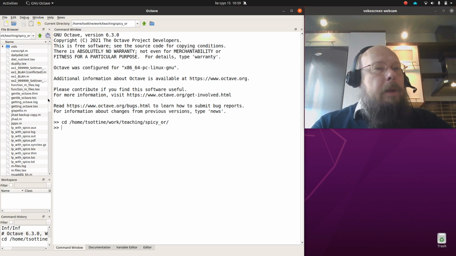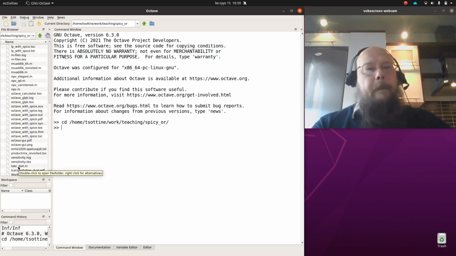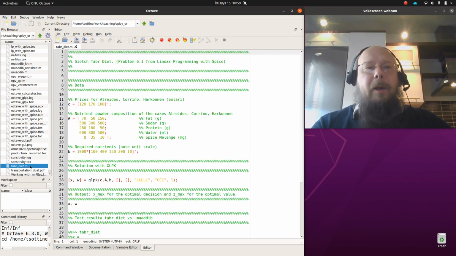I should have it somewhere. Oh, it was called the diet file. Yes, this. So I should open it in an editor to see what's going on. Let's try double click here. Does it work? Oh, it does.